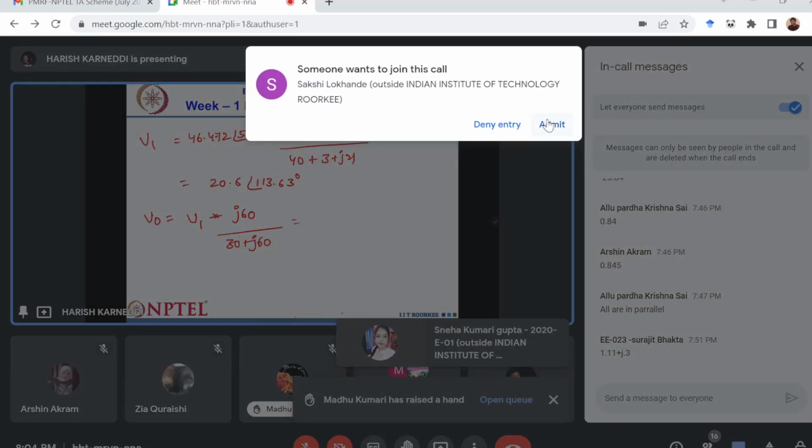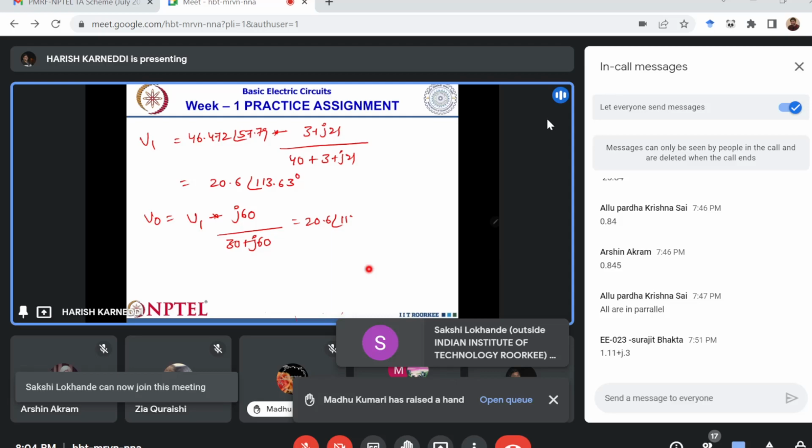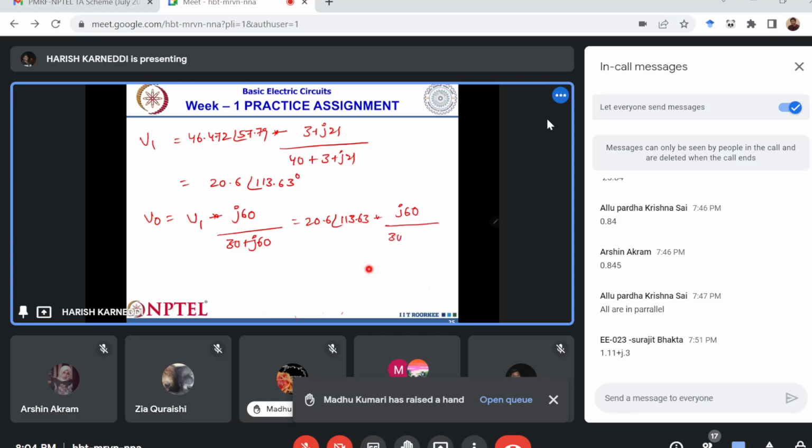So 20.6 at an angle of 113.63 into J60 by 30 plus J60, which is equal to 18.4257 at an angle of 140.20 volts.